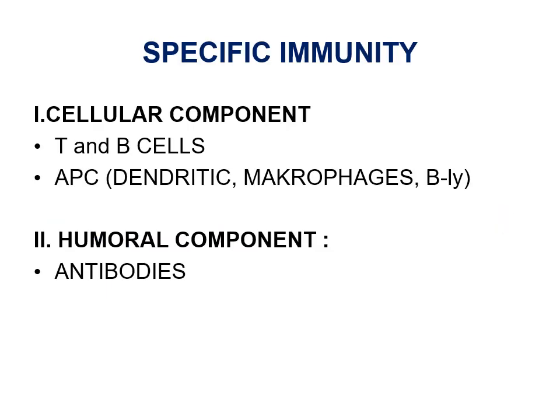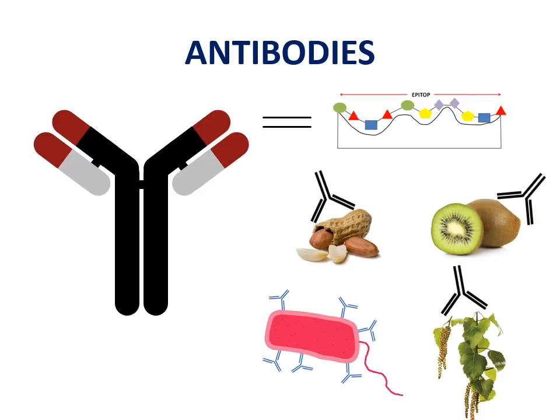Like this. Mechanisms of specific immunity, we have cellular components like T and B cells, and antigen presenting cells, which are dendritic cells or macrophages or other types, and then there is the humoral component, which are antibodies.